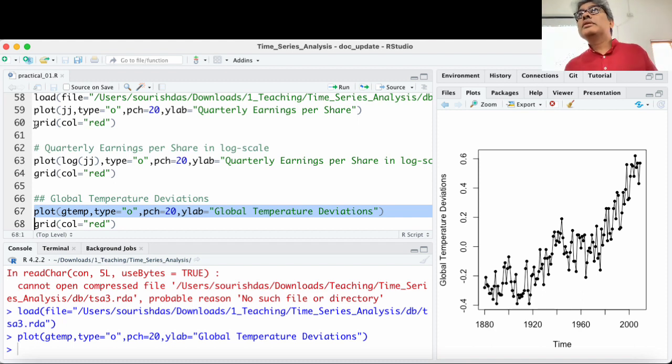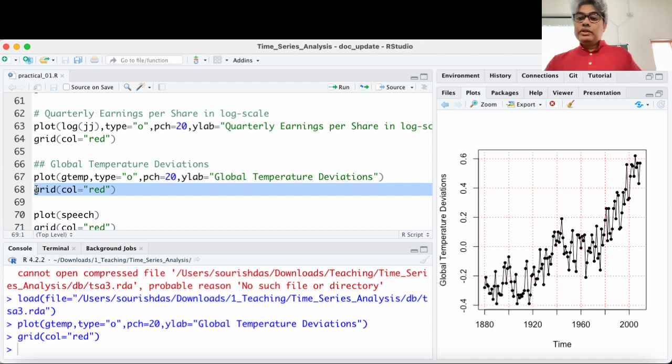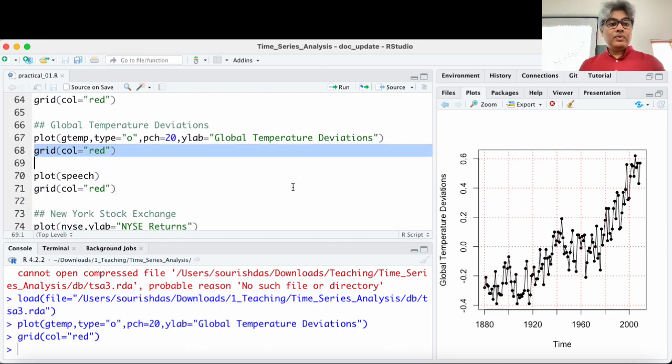This is a part of this RDA data set that comes with, I think, Shumway-Stoffer's book. This is also available, I think, somewhere in the GitHub, in the open source. So I'll also share this link to this data set, should not be a problem. So this is the deviation temperature from the original data, so it is not the actual temperature. Even the deviation is rising, so it shows that it's a really alarming situation to a great extent.